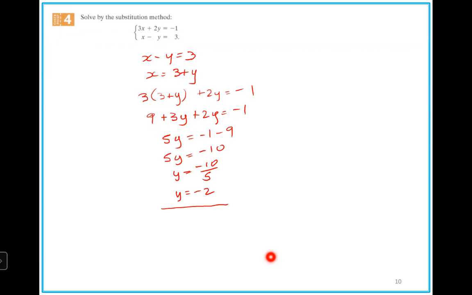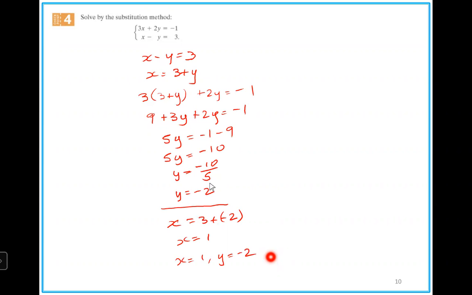How are we going to find x? For x, we'll say x equals 3 plus -2. x equals 1. So x equals 1, y equals -2.